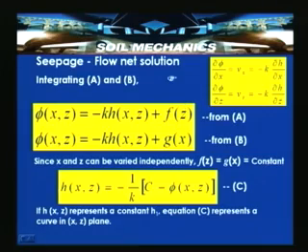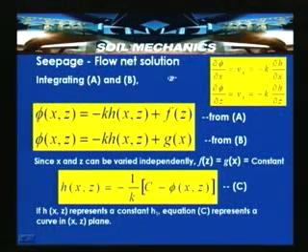So, by integrating A and B, we get these particular equations. Since x and z can be varied independently, the function of z is equal to g(x) is equal to a constant.